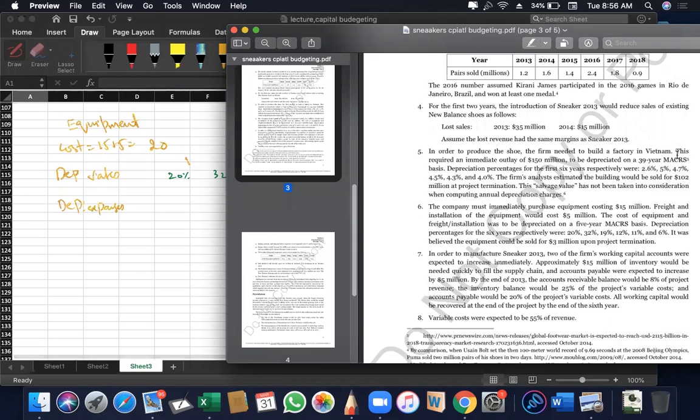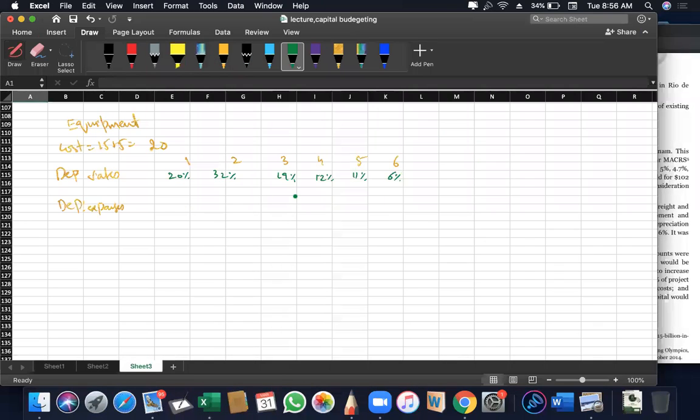So you have no need to memorize these rates. These rates will be provided whenever you get the question, and the question states that you have to use MACRS class. I told you for 5 year MACRS you will be provided with 6 years because of the fiscal year that companies use from 1st July to 30th June.